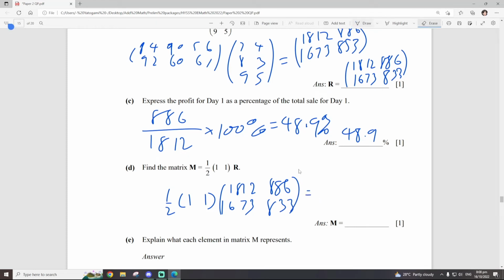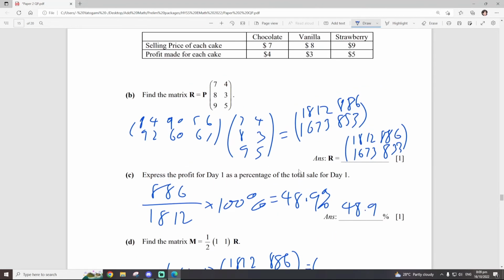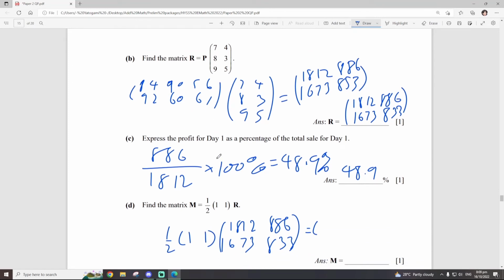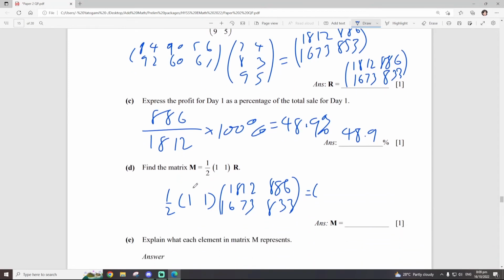I'll get a single 2 by 1 matrix. So this is 1812 plus 1673, okay.